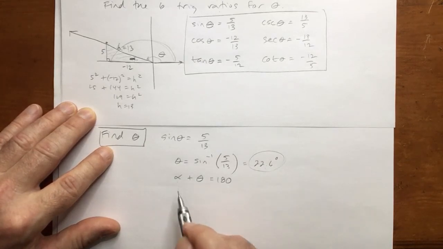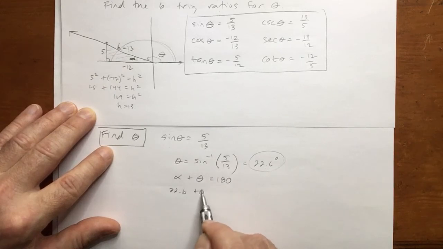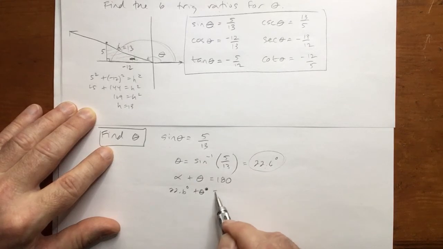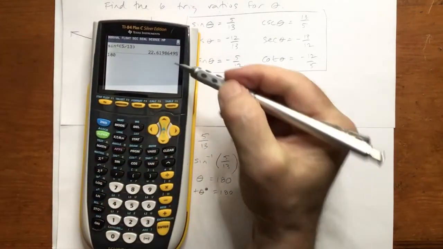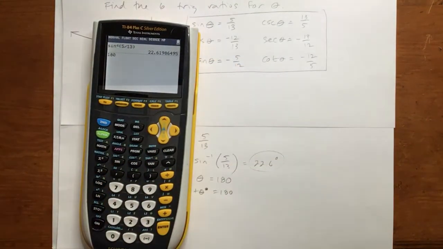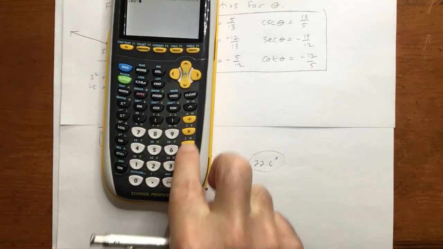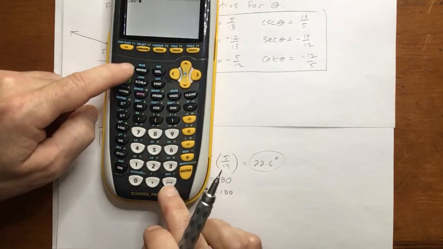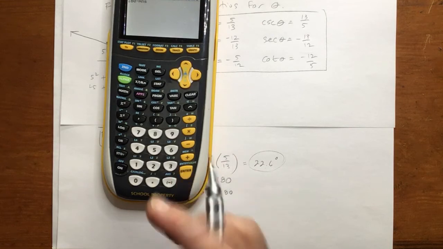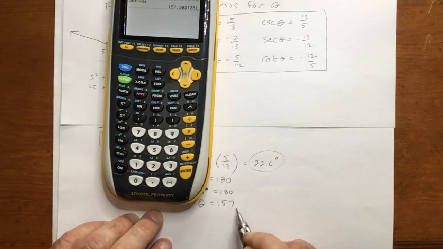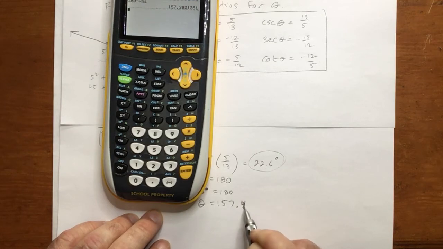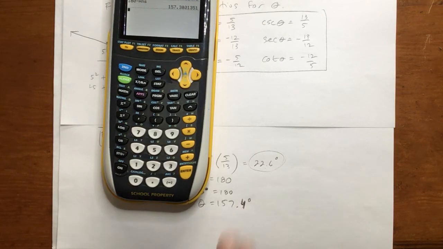Okay, and so alpha must be 22.6 degrees. I put the degrees in the wrong spot. And so we just use our calculator, and 180 minus that answer right there. We do 180 minus, and there's the answer right there. So hit second that, and I'll get the answer. And so theta must be 157.3 or 4, I'll put, degrees.